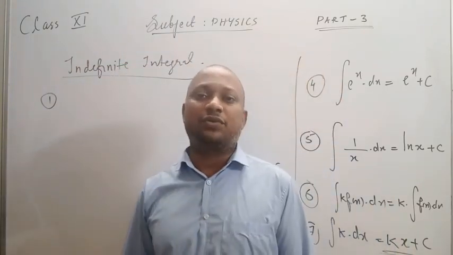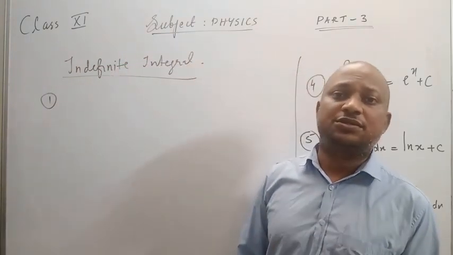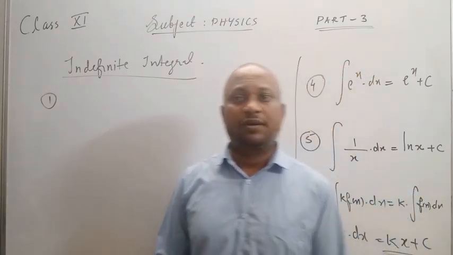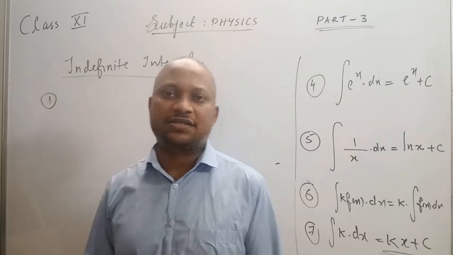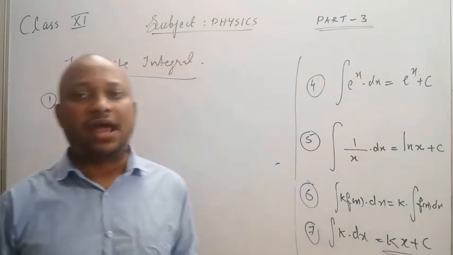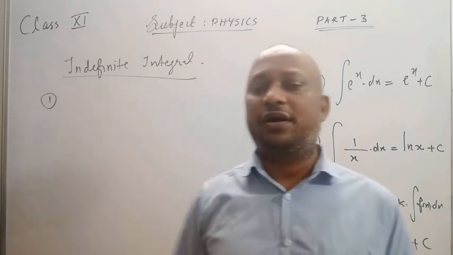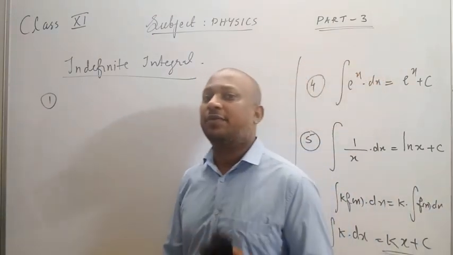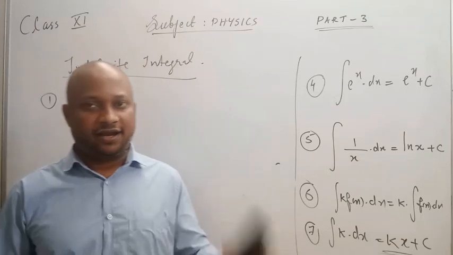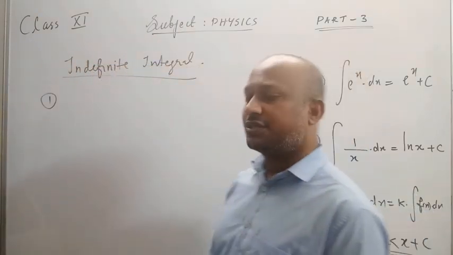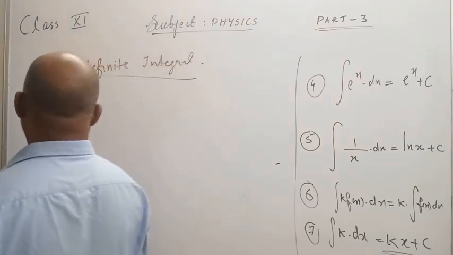So there are some rules here, but there is no quotient rule and no chain rule for integration. Integration has the addition rule, subtraction rule and multiplication rule. Addition and subtraction are similar to differentiation, because you can integrate individually and separately.